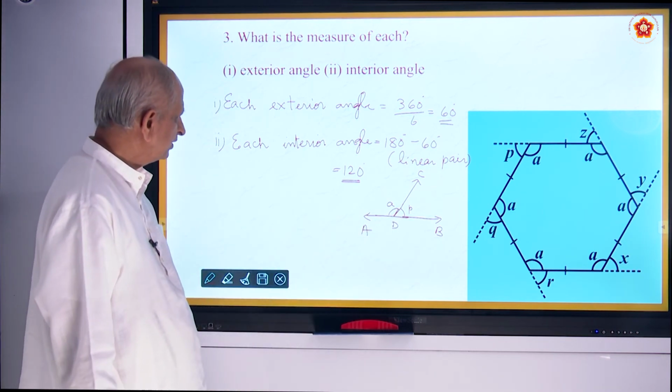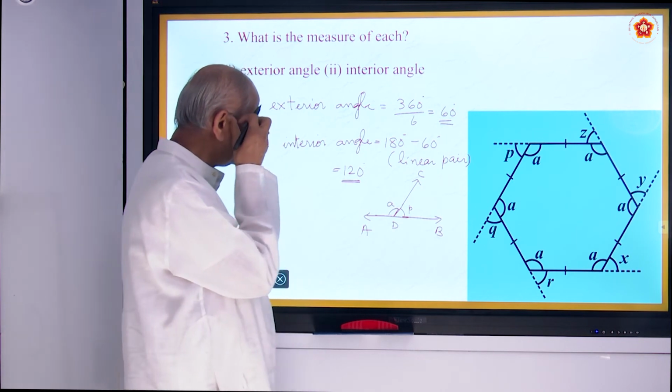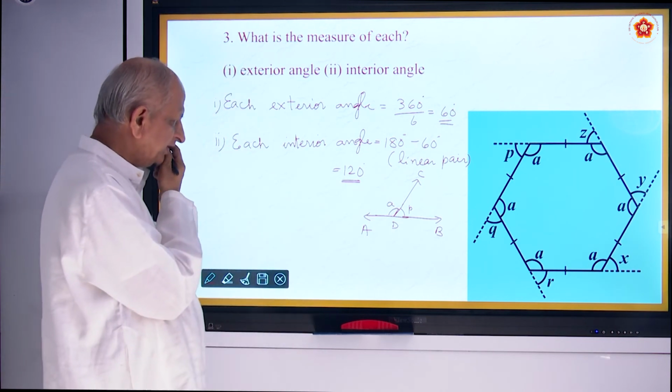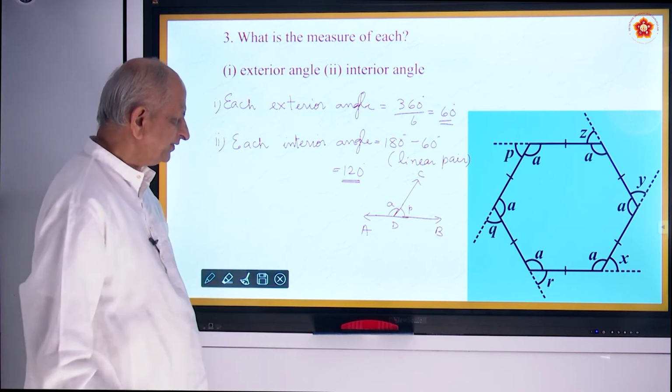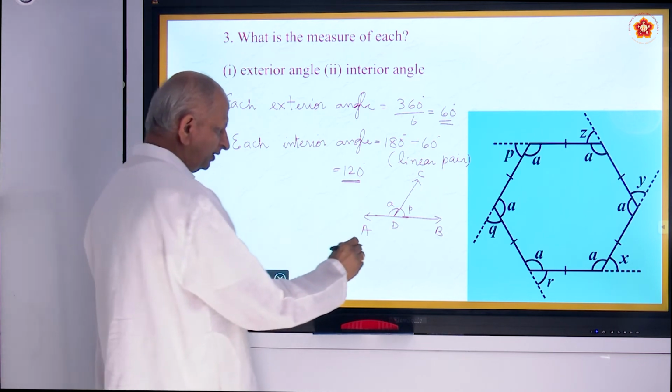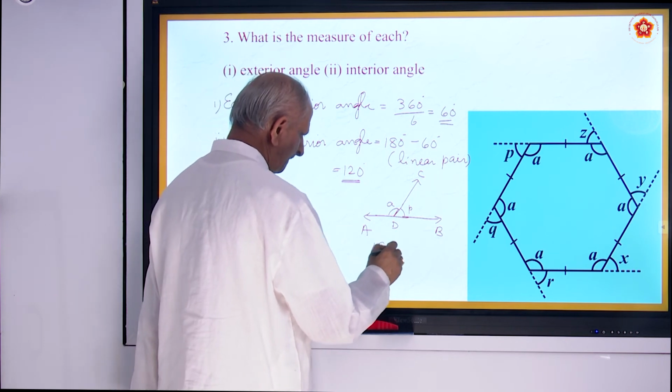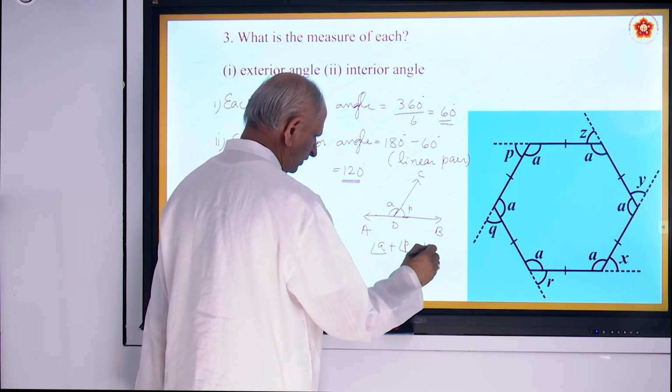Now you got the exterior angle as 60 degrees. So the interior angle becomes 180 minus 60. That is the meaning. Here angle A plus angle P is equal to 180 degrees.